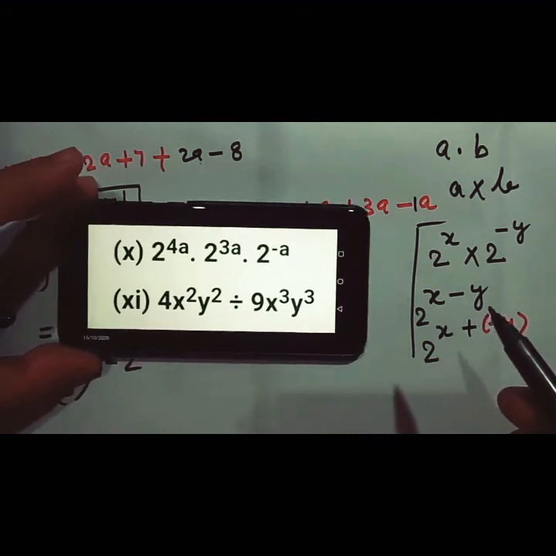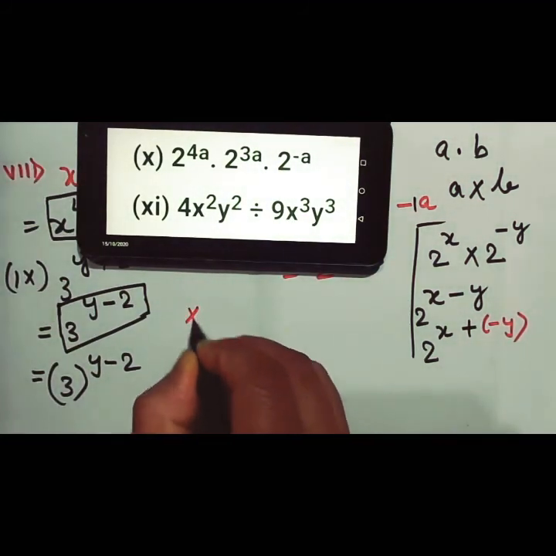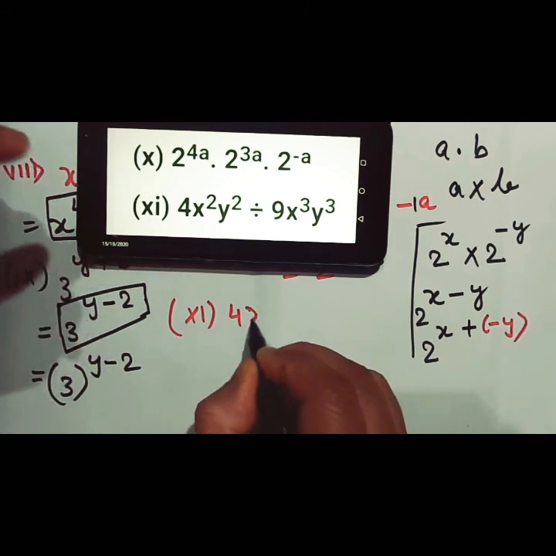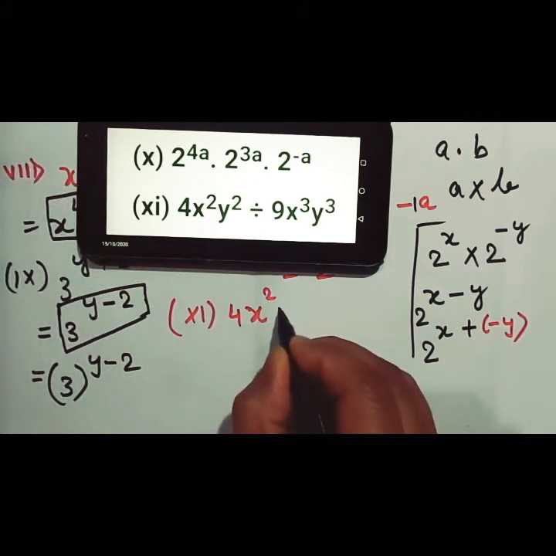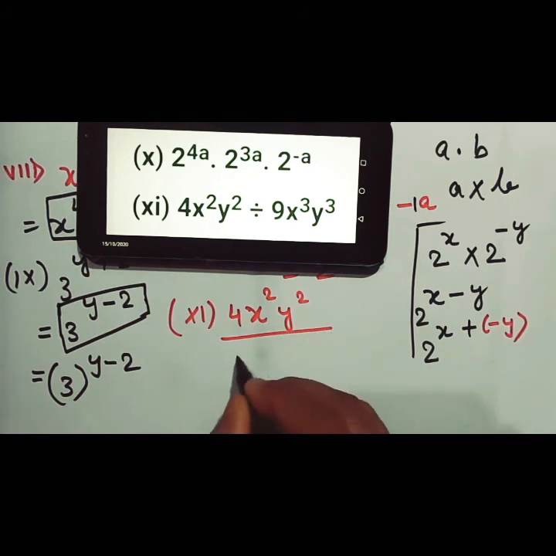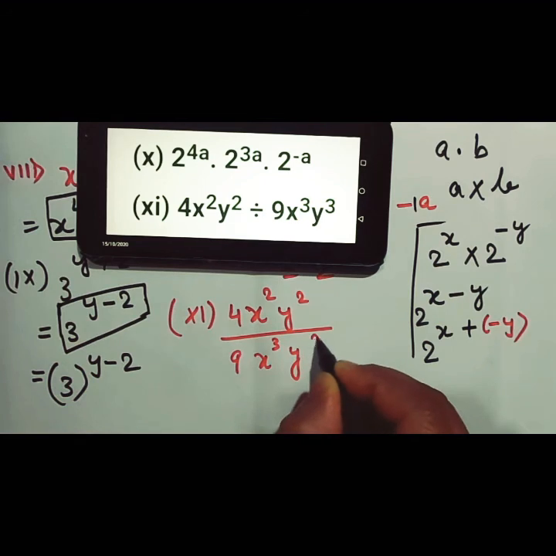Simple. Why not do number 11 also? Number 11 says 4x to the power 2, y to the power 2 divided by 9x to the power 3, y to the power 3.